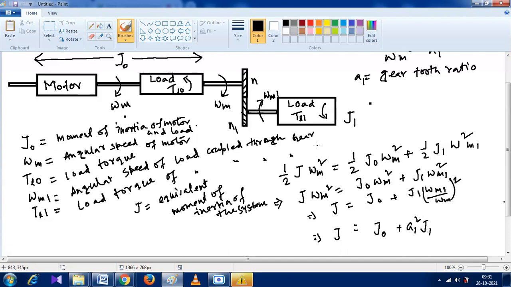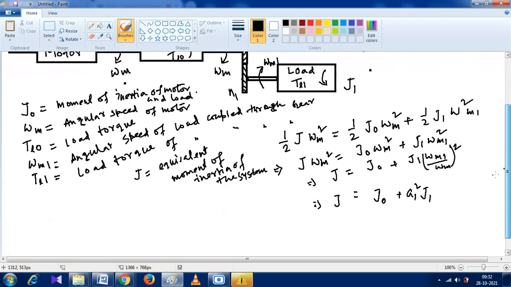If there are, suppose, m number of systems, what should be the equation?